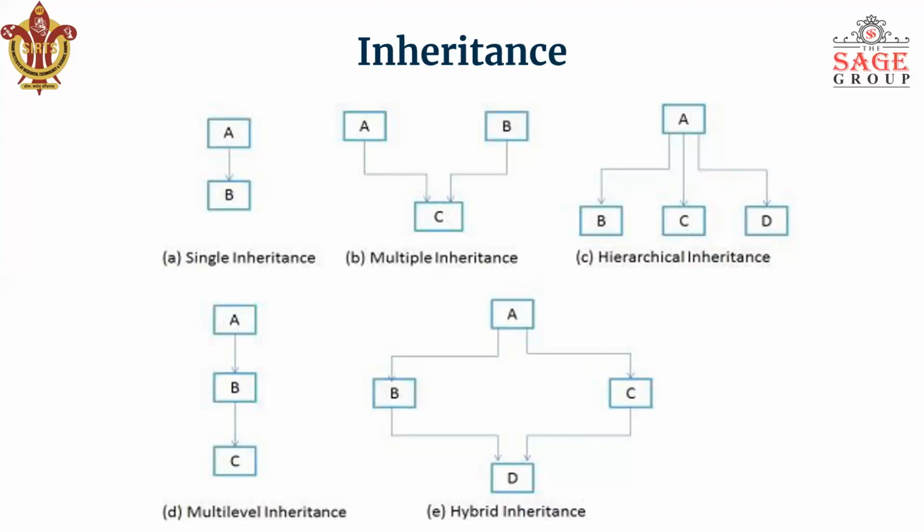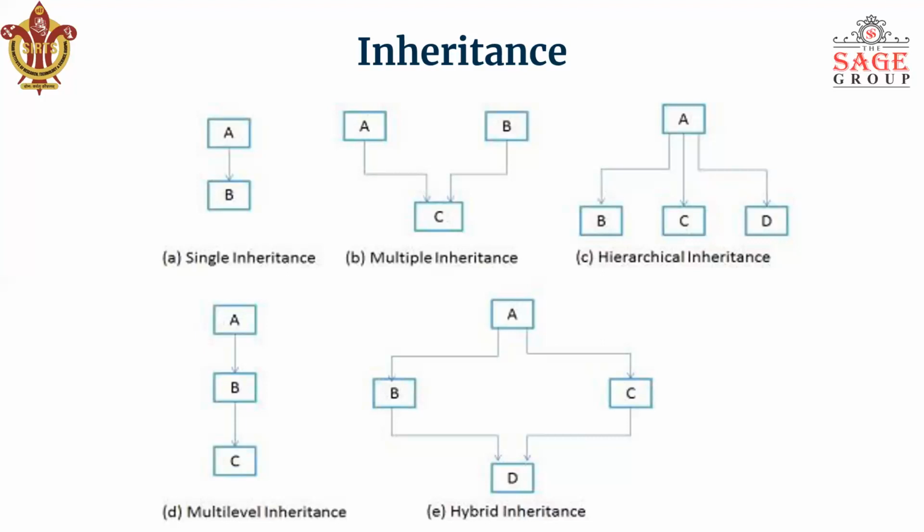And the last one is hybrid inheritance. Hybrid inheritance is based on the concept of multiple inheritance and hierarchical inheritance. Basically, from class A, we derive two classes, that is B and C. Now, this looks like hierarchical inheritance.